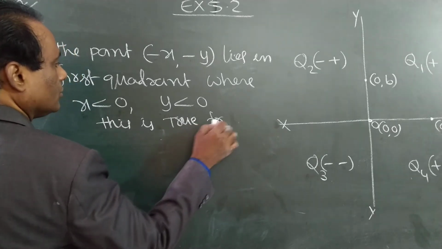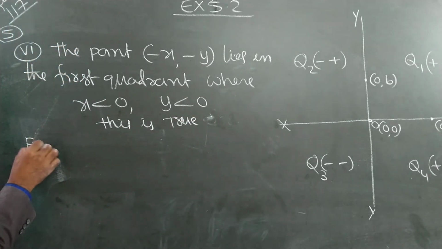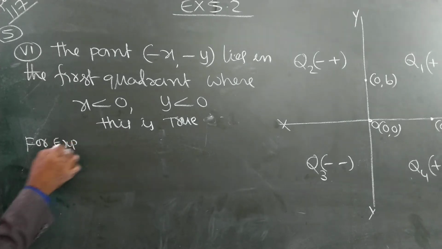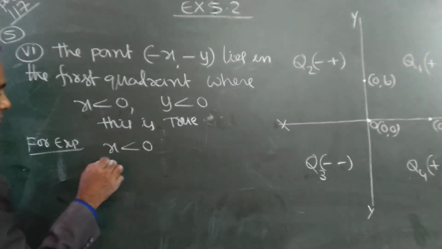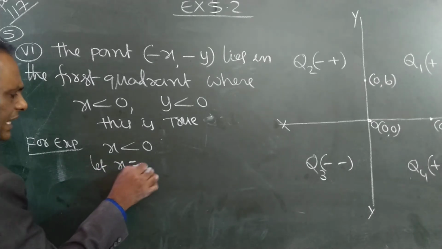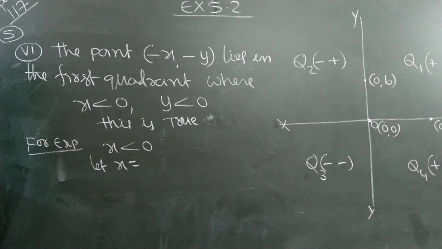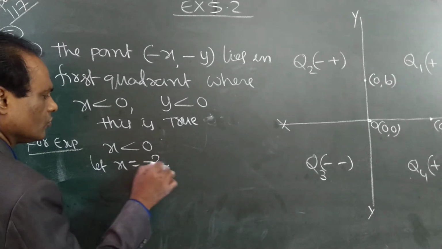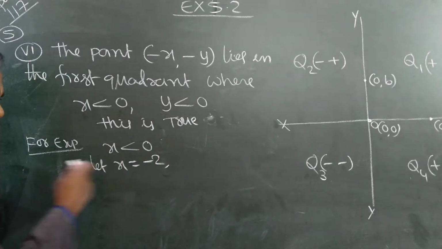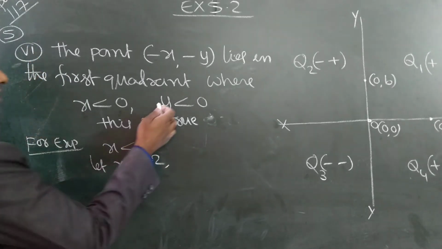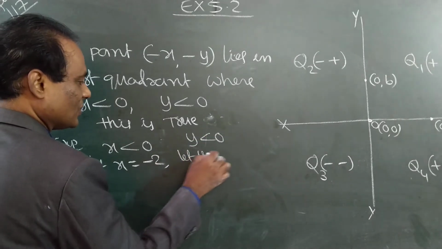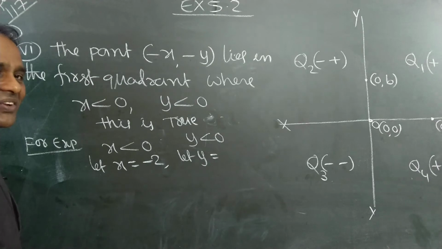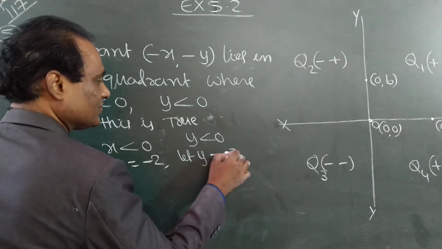For example, see here. x less than 0: tell any number less than 0, say -2. y less than 0: any number less than 0, say -3.